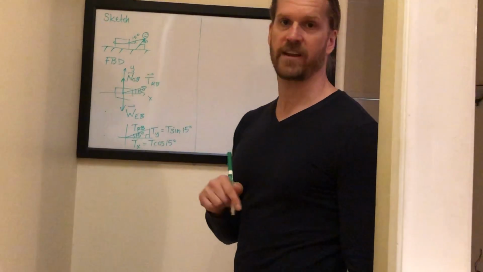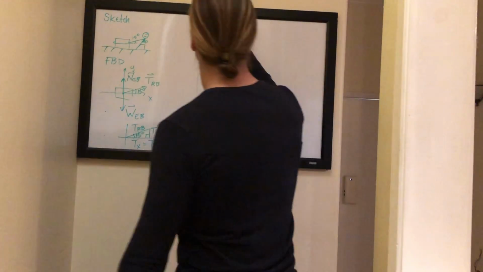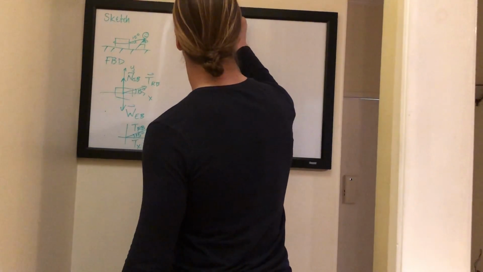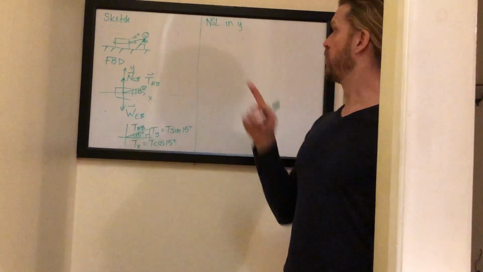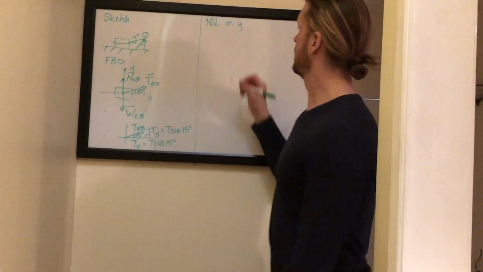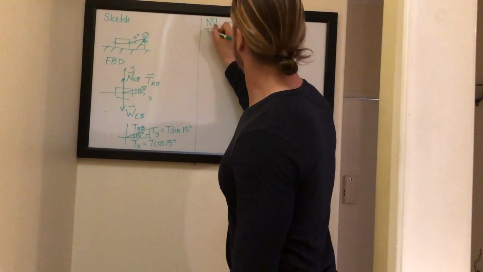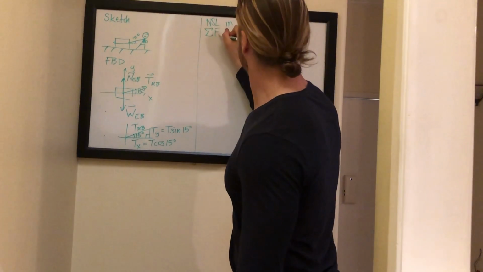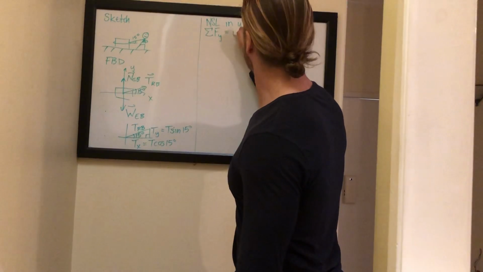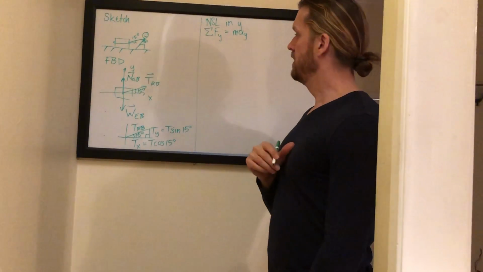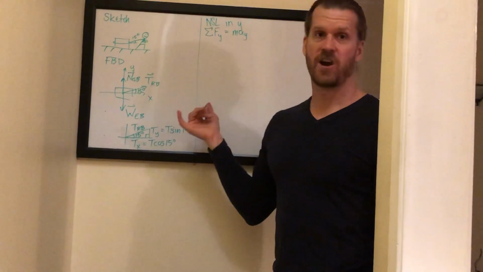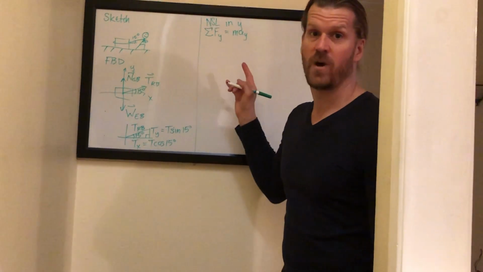Let's look at the Newton's second law equations. First we'll look at the Y direction. Sum of the forces in Y equals m a_y. Using some common sense, you can tell that the acceleration in Y is 0.